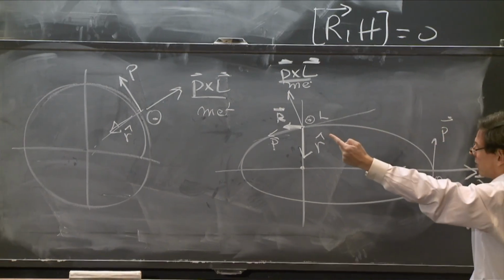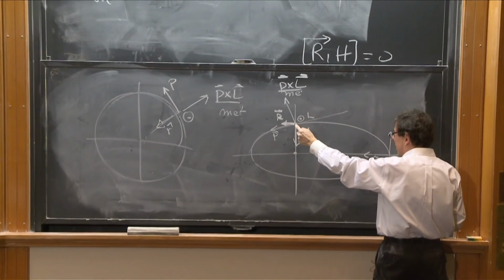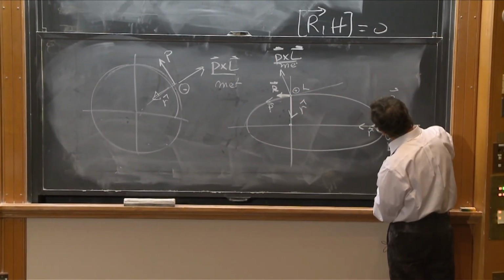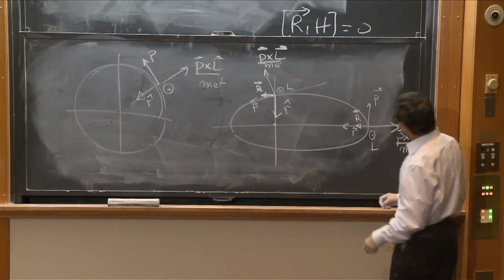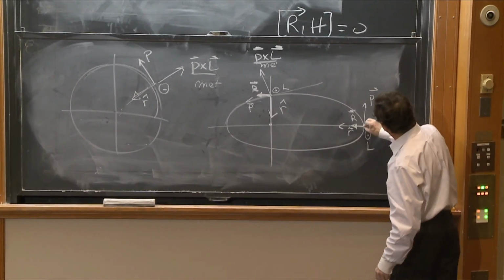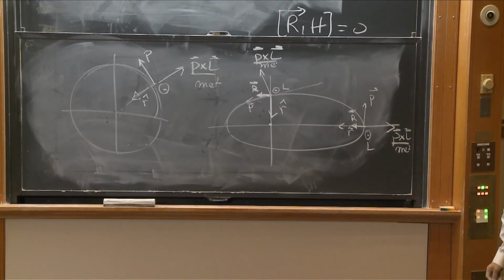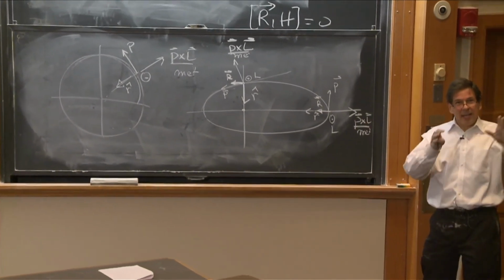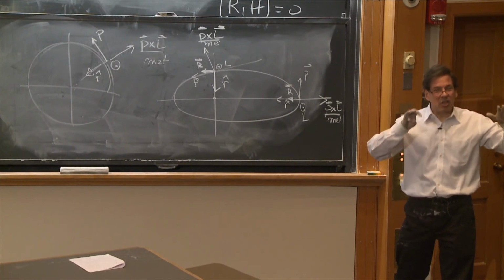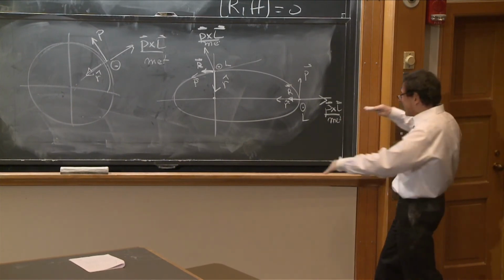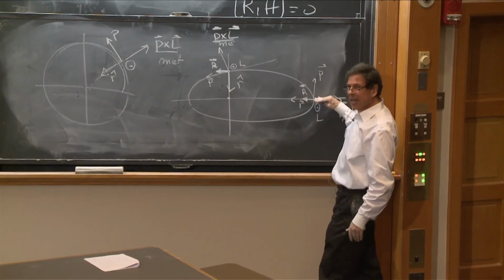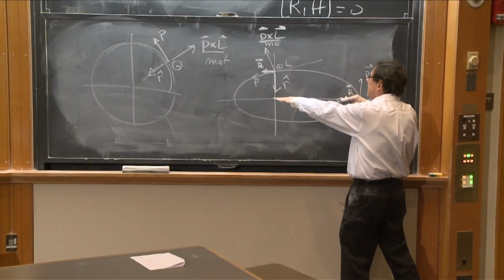We know it's conserved, so it must be horizontal here, so it points in. So the Runge-Lenz vector, R, points in, and it's in fact that. So here you go. This is a vector that is conserved, and its property is that it's really about the axis of the ellipse. It tells you where the axis is.